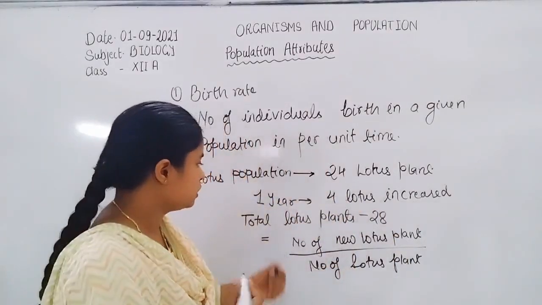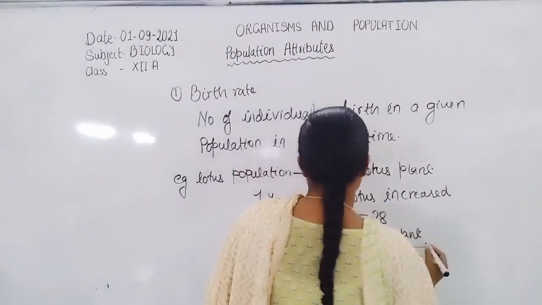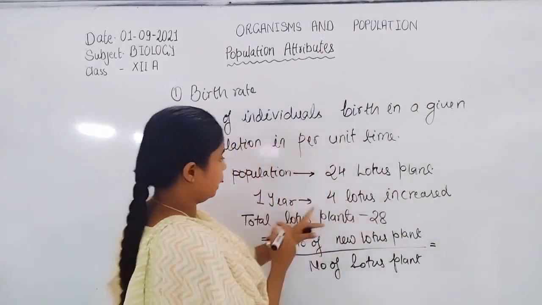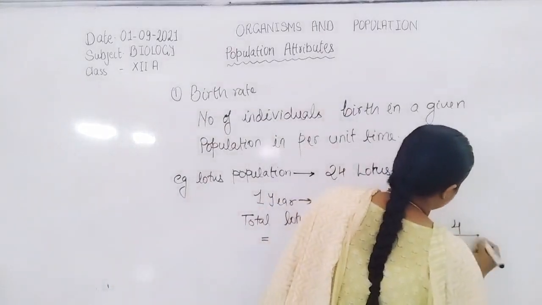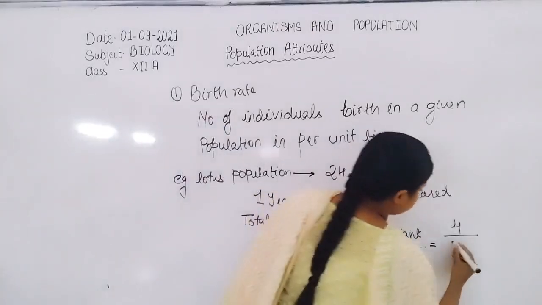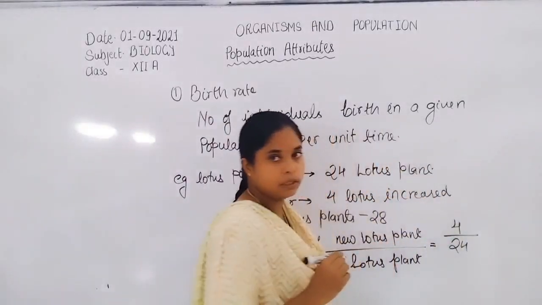The number of new lotus plants is 4, because only 4 increased within 1 year, and the number of lotus plants before birth is 24.